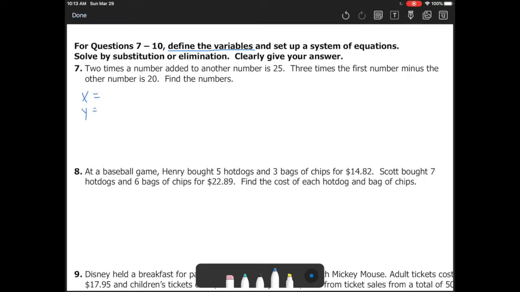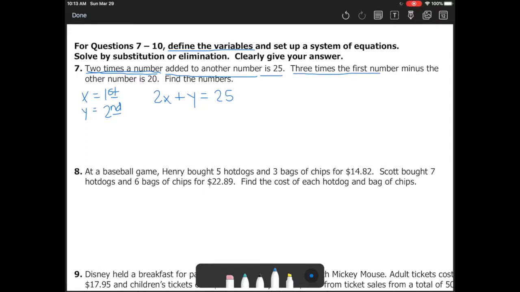Okay, so the first sentence for number 7 says 2 times a number. I'm going to let x be the first number and y be the second number. All right, 2 times a number, that's 2x, added to another number is 25. There's my first equation.